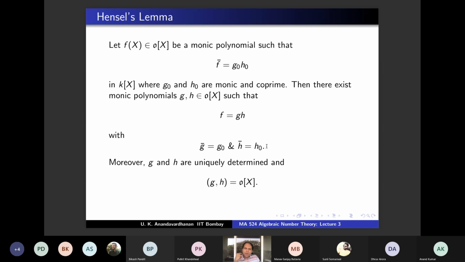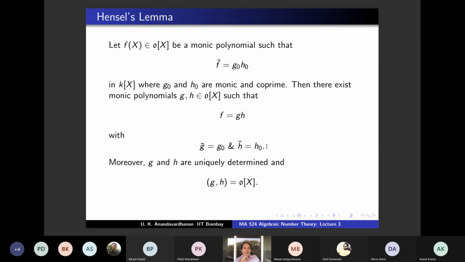You have a polynomial with coefficients in O, and after reduction modulo M, take f bar and suppose f bar has a simple root. Simple meaning root of order 1. No multiple roots, order 1. Then the previous Hensel's lemma can be applied, and what will be the conclusion?